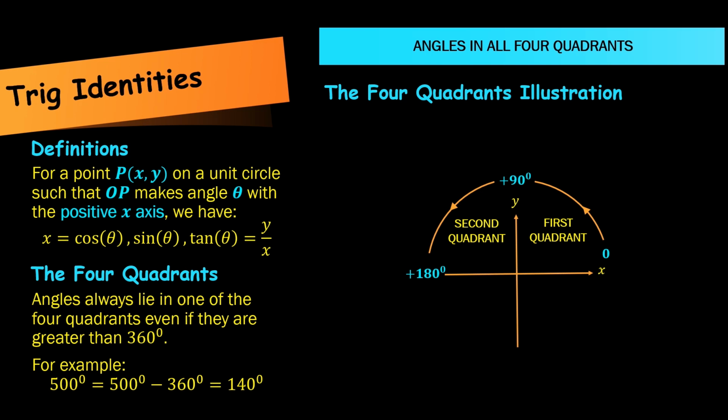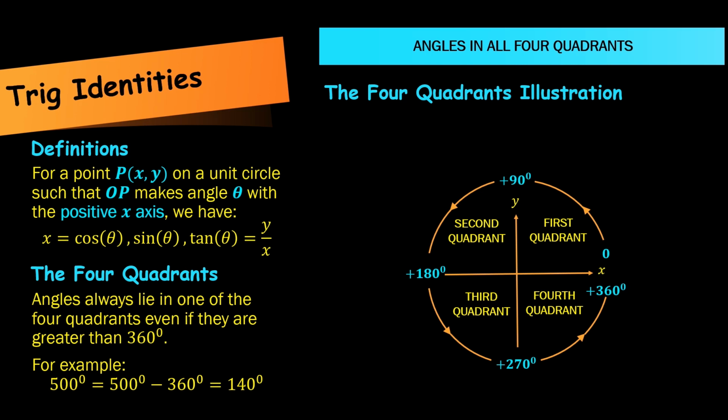After 180 degrees, we go into the third quadrant, and we stay in the third quadrant up to 270 degrees. And then the fourth quadrant is from 270 degrees to plus 360 degrees.